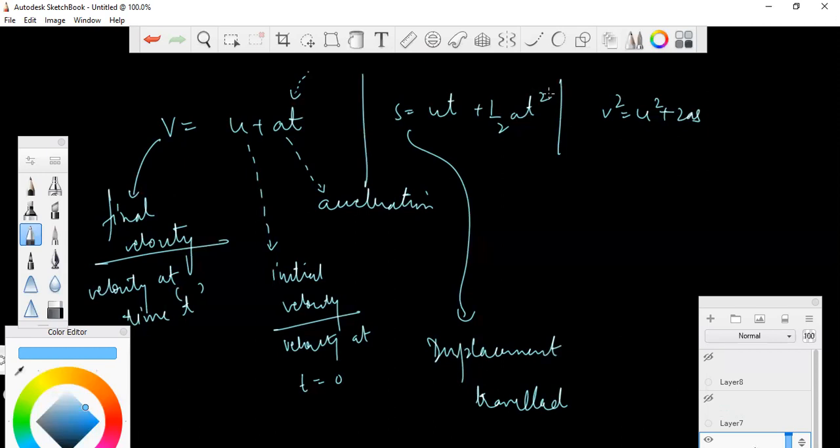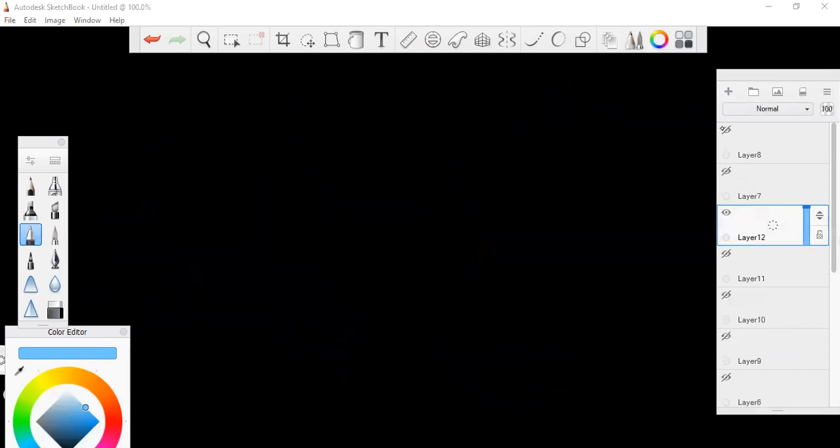Okay. Suppose I give you one question like this. You have to use this equation and tell me what is negative. You don't have to solve this. I'm just giving you a lot of cases. In all those cases, tell me what is positive and what is negative. I'll make a lot of cases here.